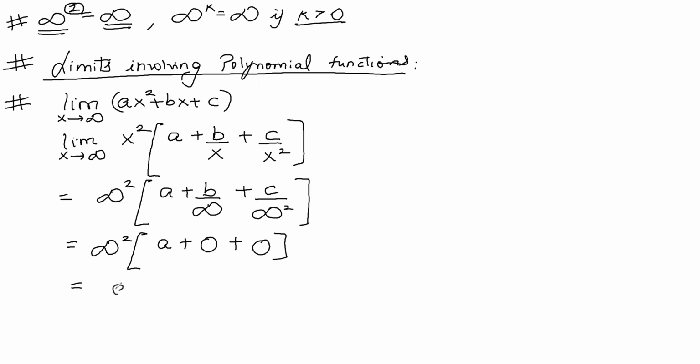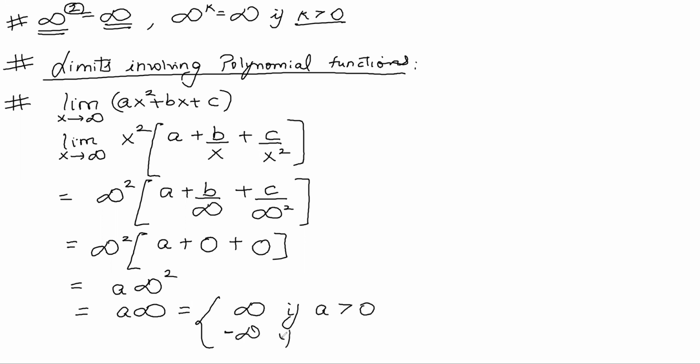So my answer comes out as a times infinity square. And again, infinity square is equal to infinity. So what will my final answer be? All of us know this will be equal to infinity if a is positive, minus infinity if the value of a is negative. Look at the rules I just gave you: k into infinity is infinity if k is positive, minus infinity if k is negative.